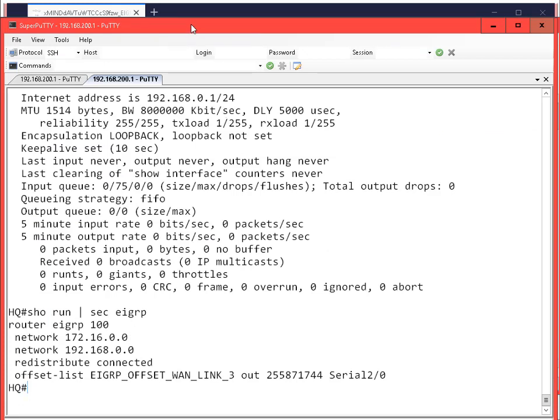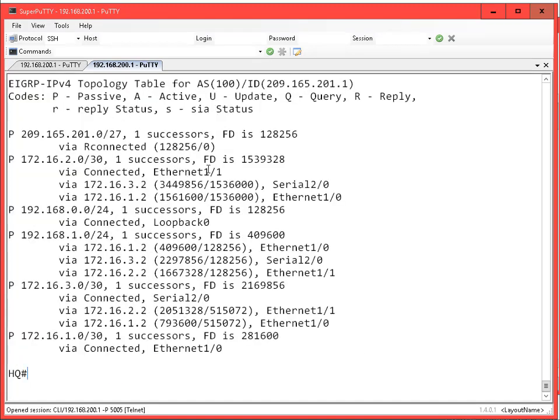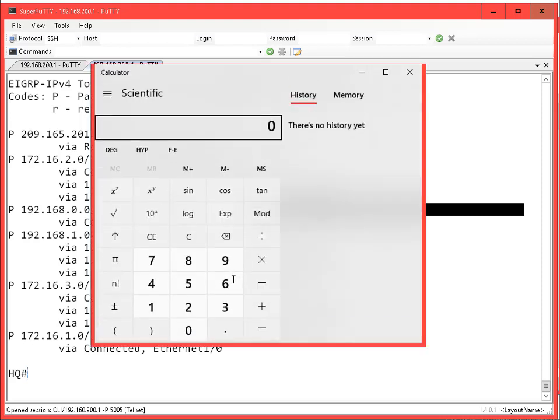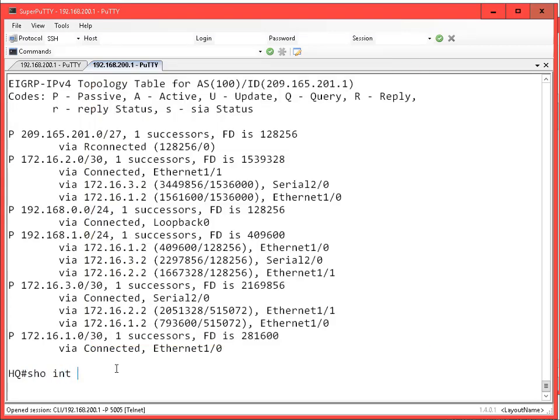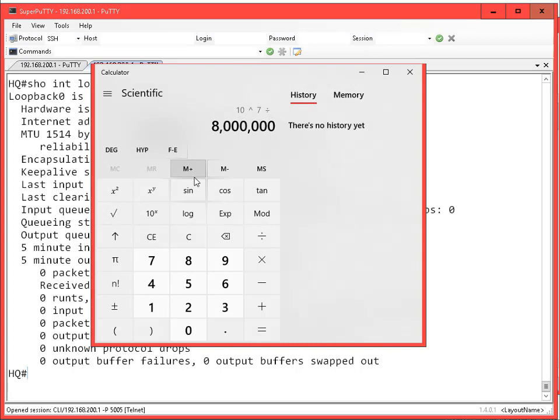There's a couple ways that we can analyze this as well. If I do a quick show IP EIGRP topology, the loopback 192.168.0.0 128.256, that makes sense, because if I take 10 to the power of 7 and I divide that by the bandwidth from show interface loopback 0, I get 1.25, so that becomes a 1.